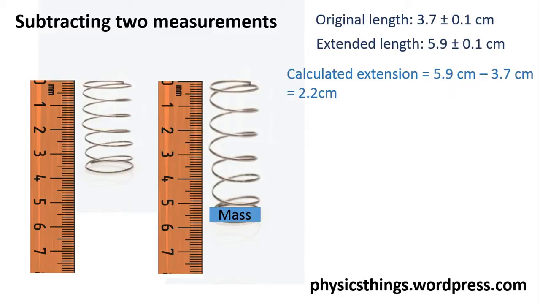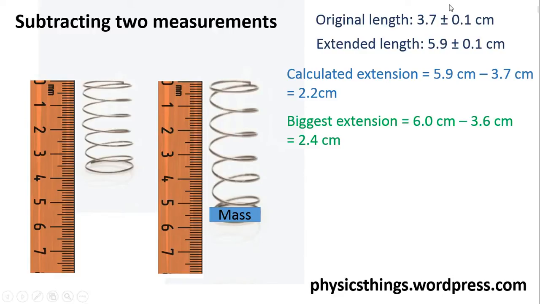But again, once we've calculated the extension of 2.2 centimetres, we need to think about the absolute uncertainty for the extension. Now, the biggest extension, if I take the plus 0.1 option on the longer reading, and the minus 0.1 on the shorter reading, gives me 2.4 centimetres. The smallest extension, if I take the minus 0.1 on the longer reading and the plus 0.1 on the shorter, gives me 2 centimetres.